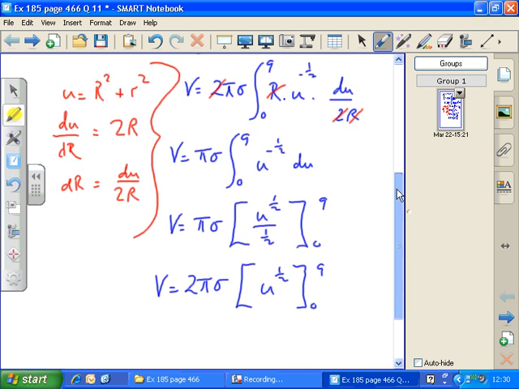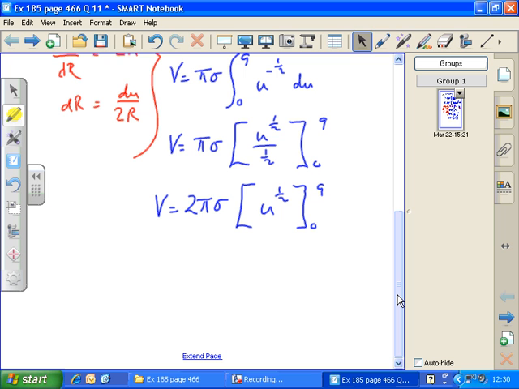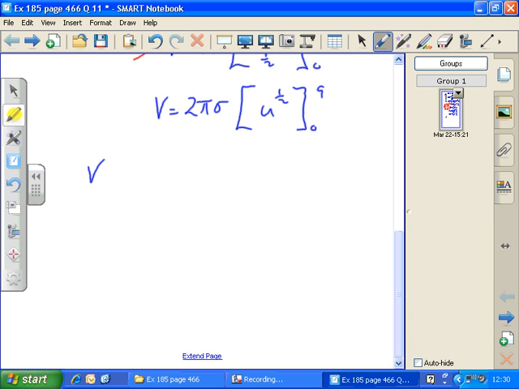And again, we could either change the limits by replacing R with 9 and then 0, or we can put U back in with what it was before. So using that method, which is the one I normally use actually, V turns out to equal 2 pi sigma.